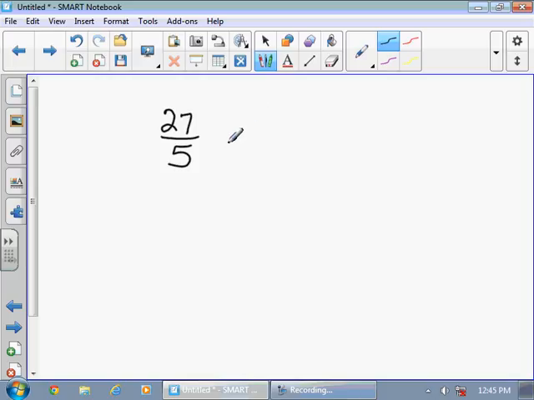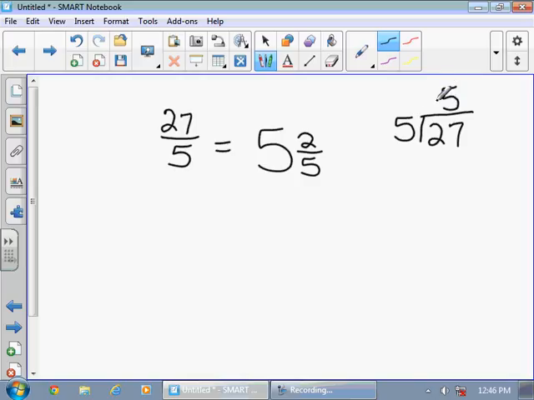All right, Logan, tell me your answer. 5 2/5. Is it correct? Yes. Now, if I need to do that, right here, we got 5 divided into 27, right? How many times will 5 go into 27? So 5 times 5 is 25, and what is 27 subtract 25? There's where my 2 came from.